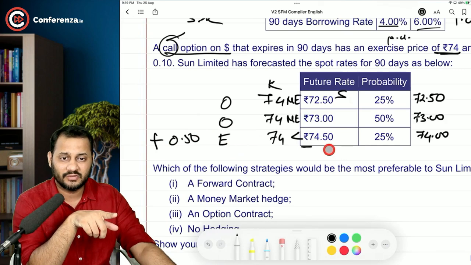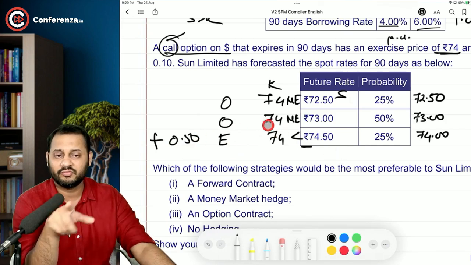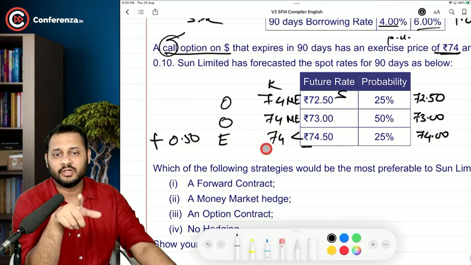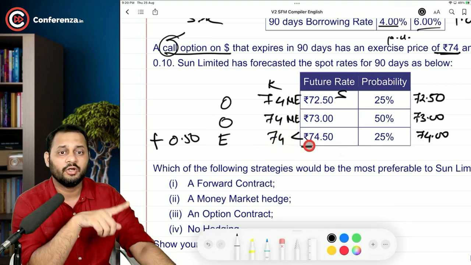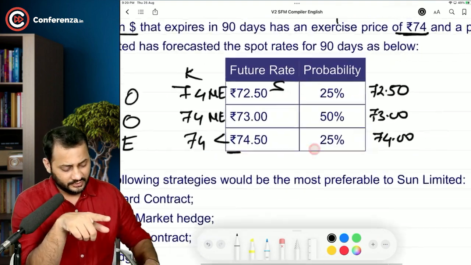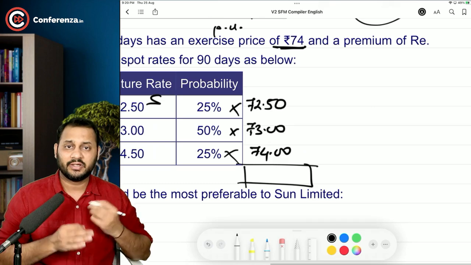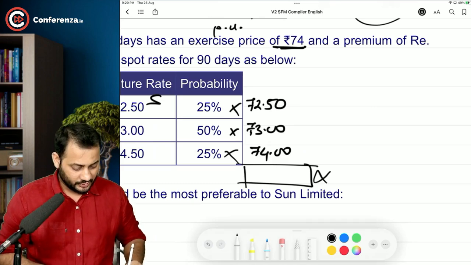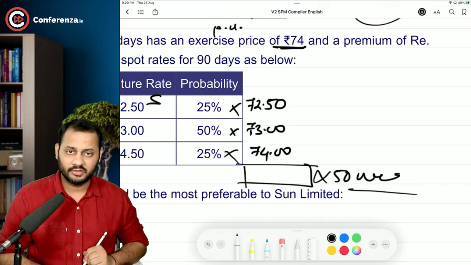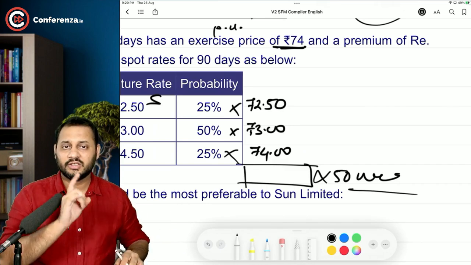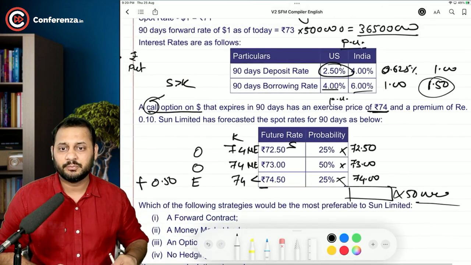So outflow of 74.5, inflow of 0.5 will lead to 74. So if we are exercising the option, 74 is the net price that we will pay, not this one. Multiply it with the probability and you will get the expected price at which you are going to buy 5 lakh dollars. Apart from this, there is one more cash outflow, which is the premium.